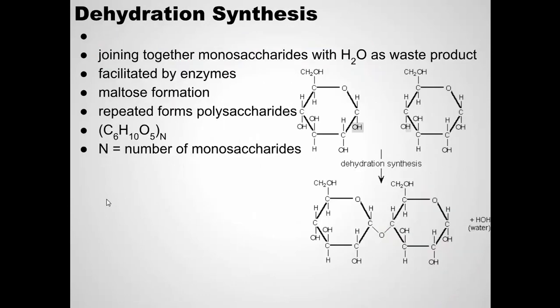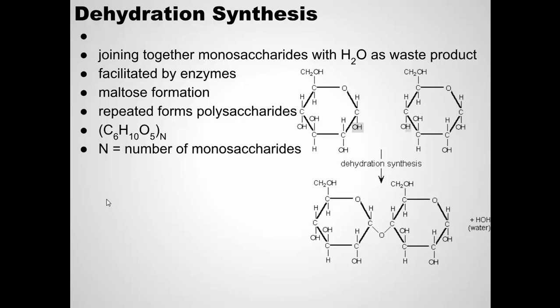All right, the last 2 things to talk about are how these molecules get put together and broken down. So dehydration synthesis, let's just think about the words themselves. Dehydration means what? No water. Removing water. Synthesis, this is really important to know, what does it mean? A synthesizer makes sounds.